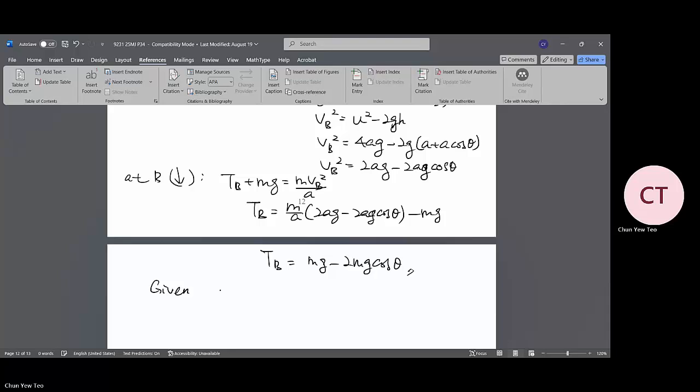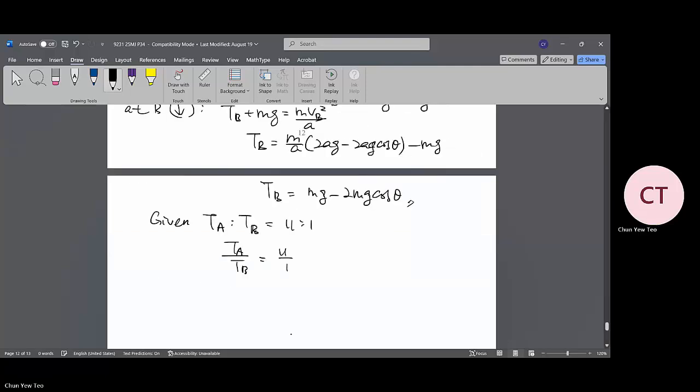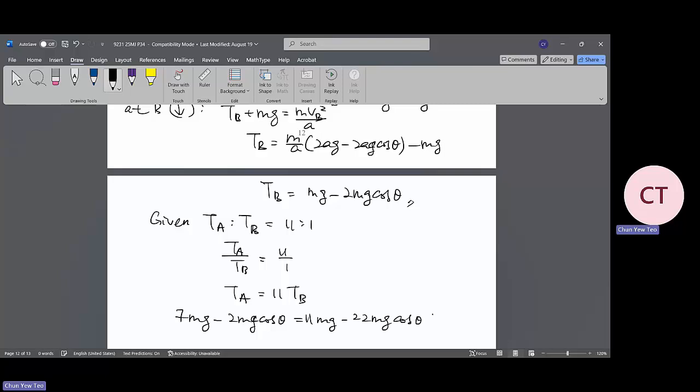Given that the ratio of TA to TB is 11 to 1, that means TA divided by TB is 11 to 1, so TA equals 11 TB. TA just now is 7mg minus 2mg cos theta. 11 TB is 11mg minus 22mg cos theta.